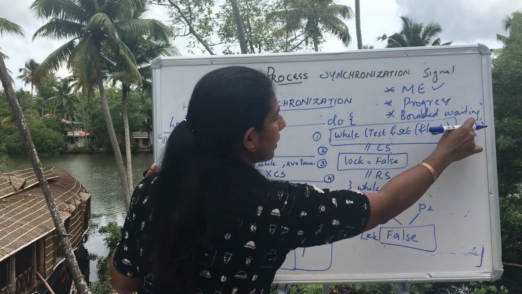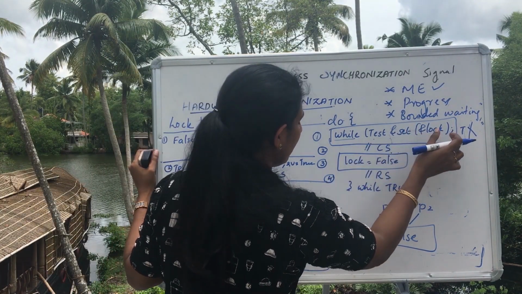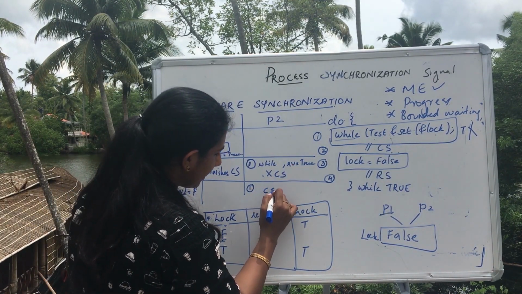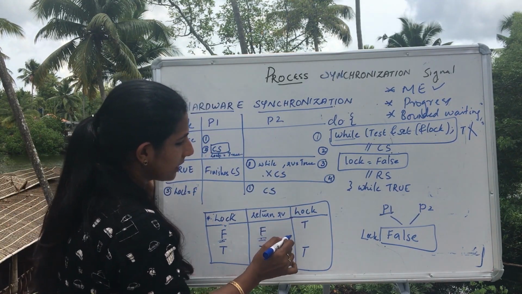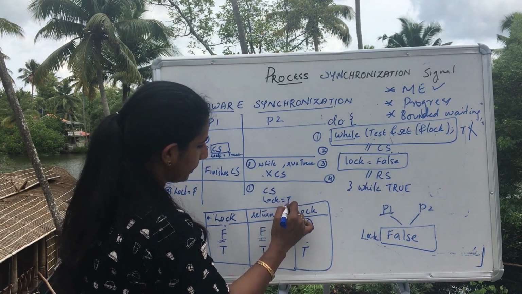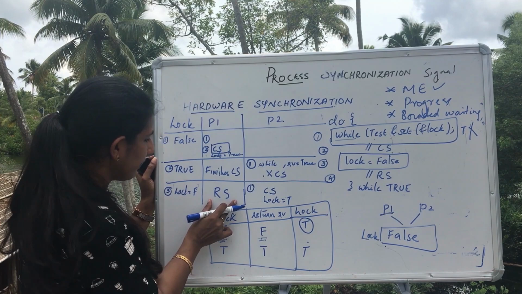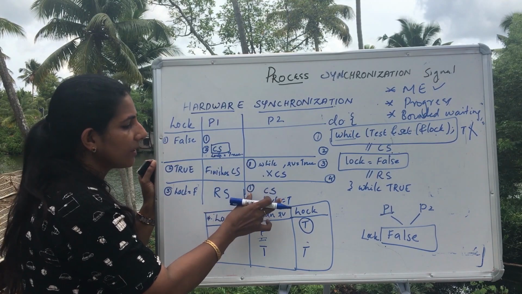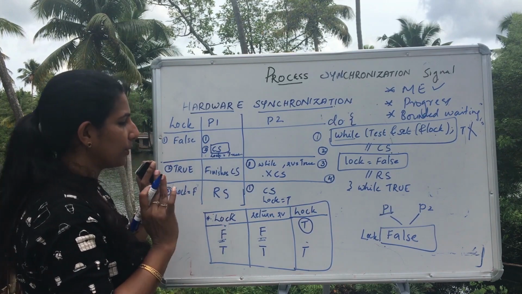Now P2 keeps trying, so P2 will be checking in the while condition, TestAndSet(lock). The lock is false, then my return value will be false, then it enters into the critical section. And before entering into the critical section, it will obviously set the lock to true, so lock is equal to true. P1 would have entered its remainder section when it finishes the critical section. So we can see here, when P1 finishes the critical section, it is not blocking P2 from entering, and the maintenance of mutual exclusion is there.